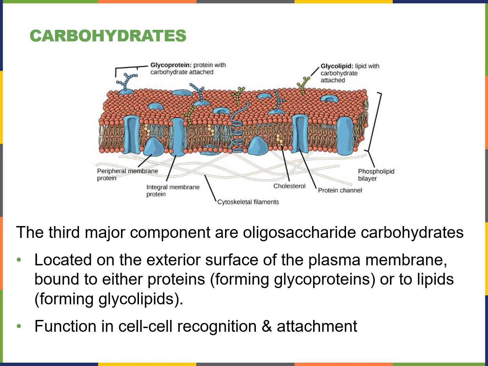The third major component of the plasma membrane are carbohydrates, especially oligosaccharides. Remember that oligo means few. So these are short chains of sugar or short chains of monosaccharides.